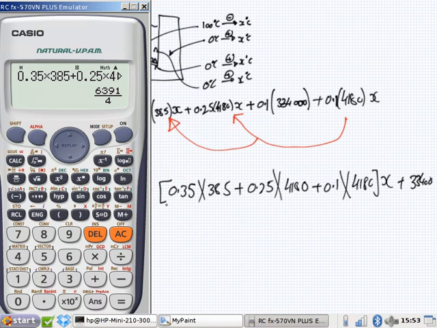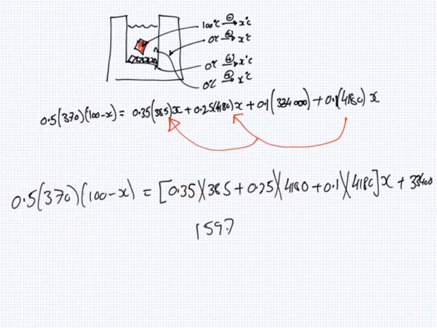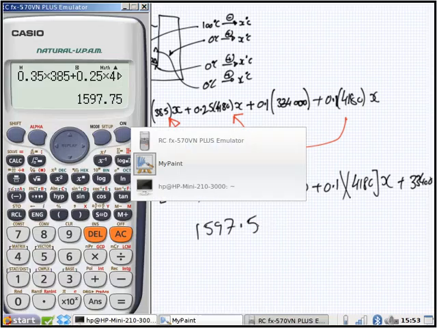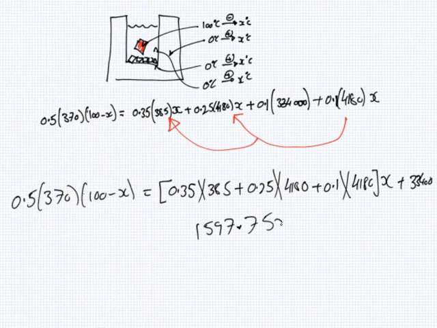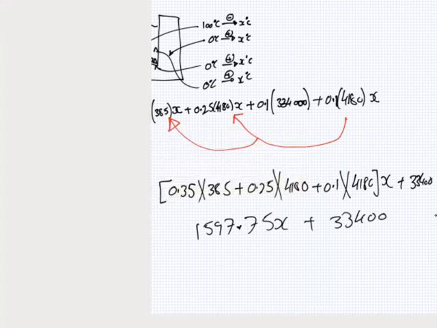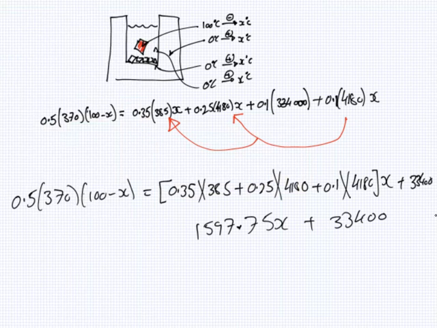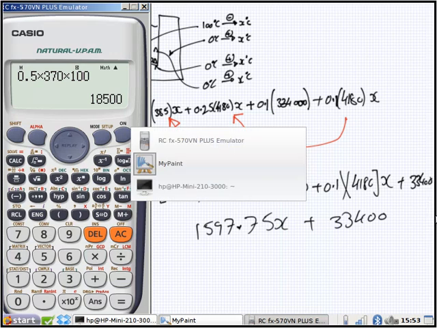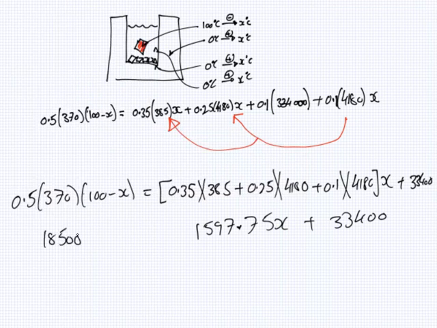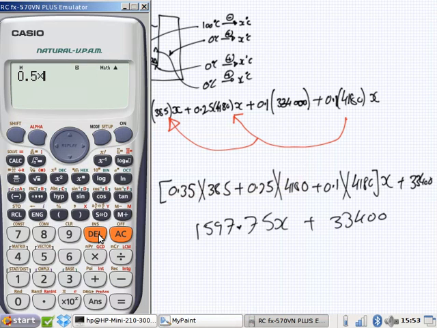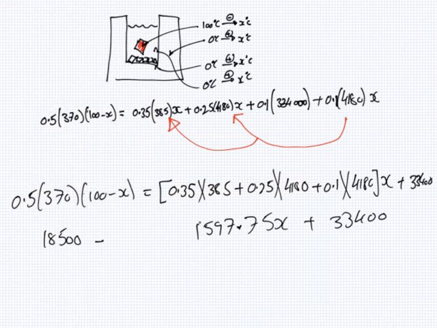So that's 1597.5, 0.75x plus 33400, and then this one here 0.5 times 370 times 100, 18,500, minus, too lazy to do this in my head, minus 185x equals that. Right, let's get the x now.